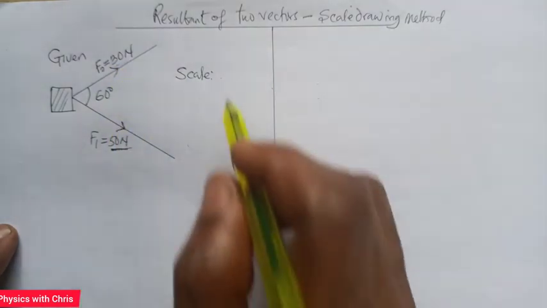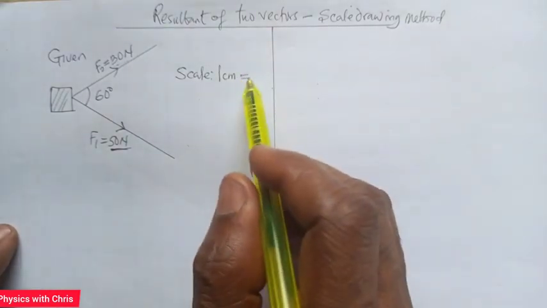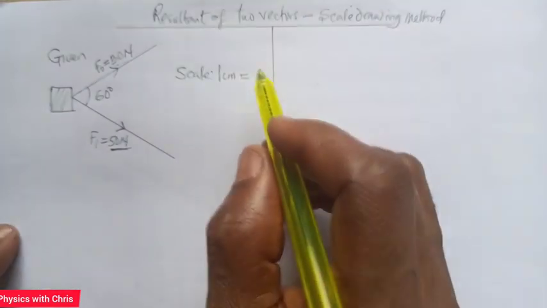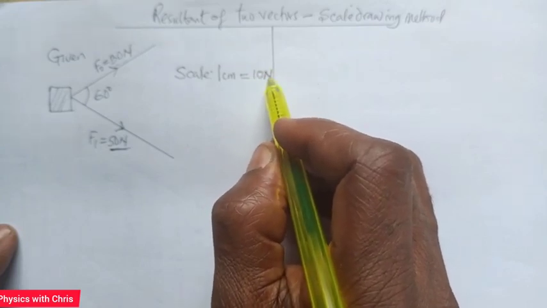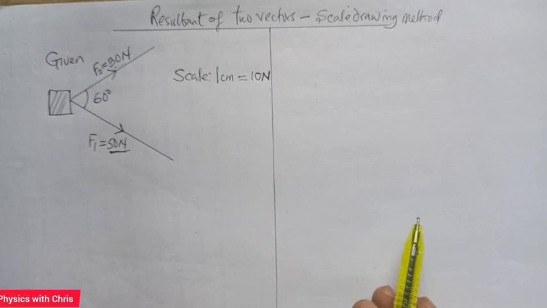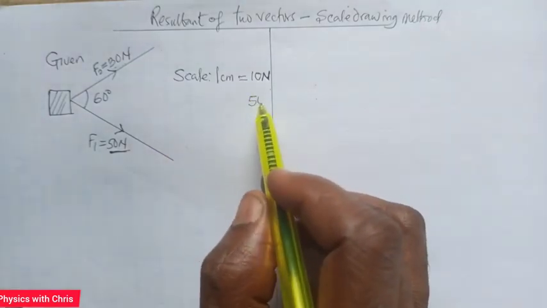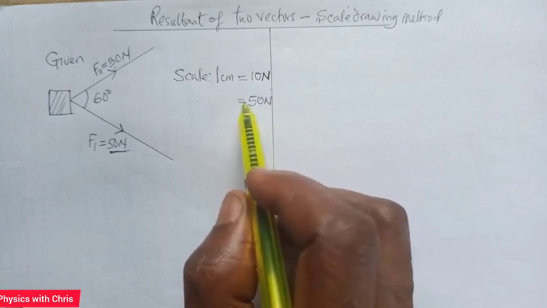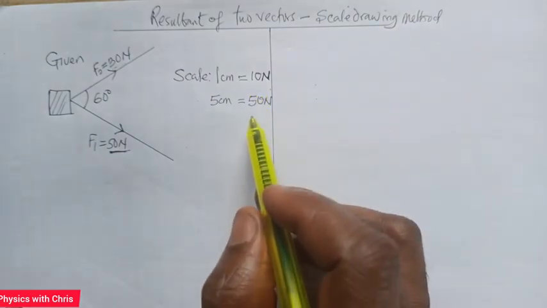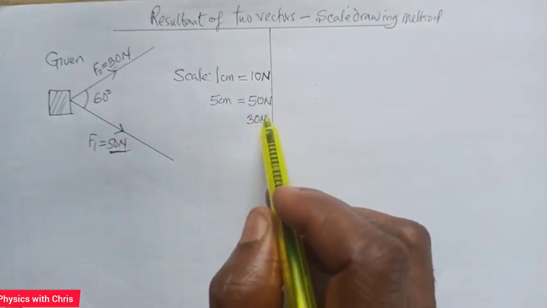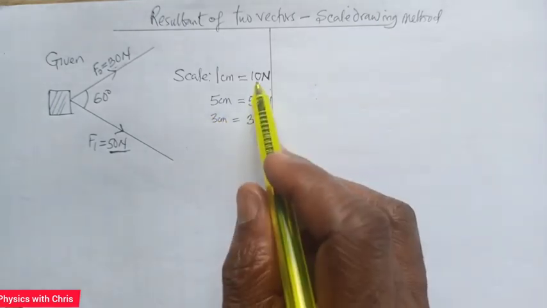If I choose a scale of 1 cm on my drawing to be equal to a vector of 10 Newton (if my diagram is going to be too small, I can reduce it to 5 Newton), then a vector of 50 Newton needs a line of 5 centimeters, that is 50 over 10. And a vector of 30 Newton needs a line of 3 centimeters, that is 30 over 10.